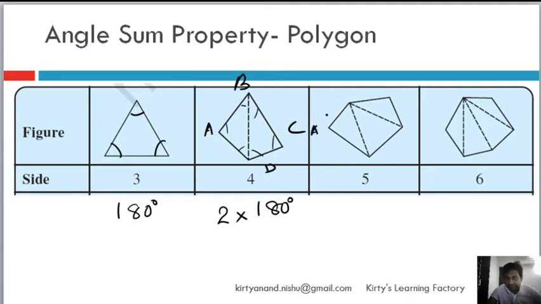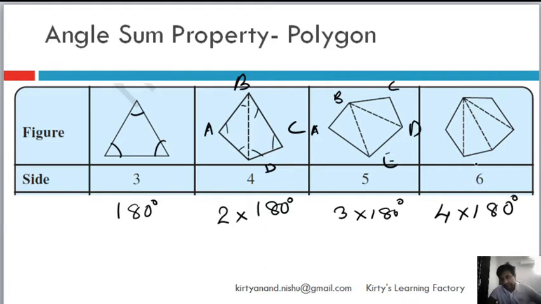Similarly, I have a pentagon here, A, B, C, D, E, which I can divide into three triangles, and the sum of the internal angles of each triangle will be 180, so it will be 3 into 180 degrees. Similarly, in the case of a hexagon, I will be making four triangles.